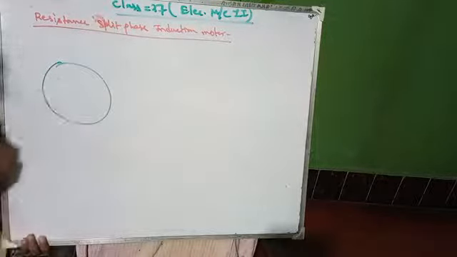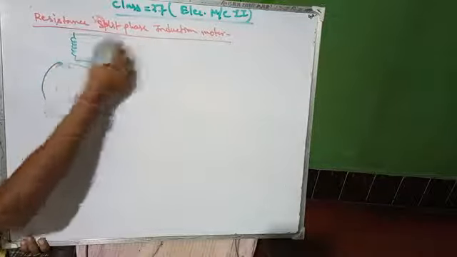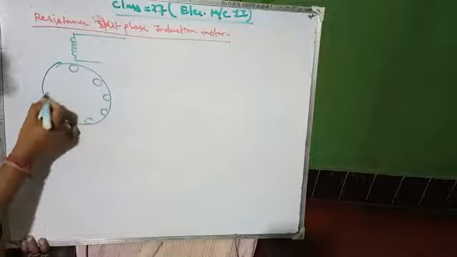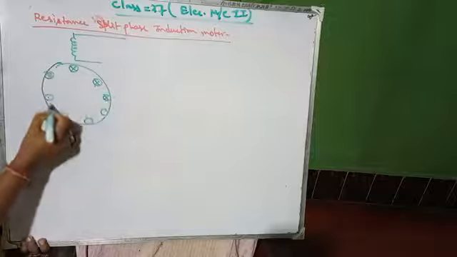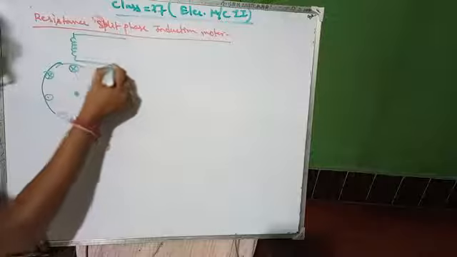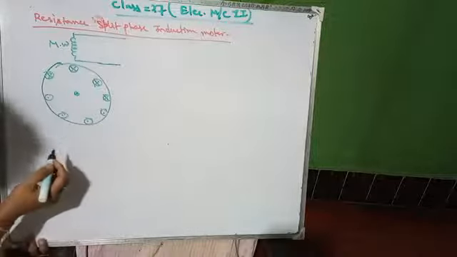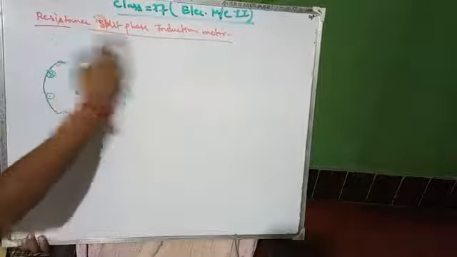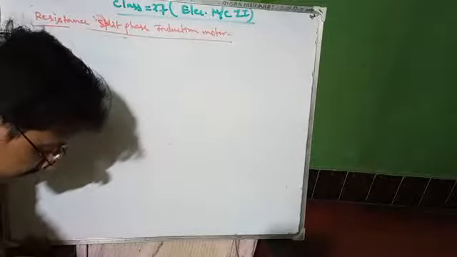Okay, so that means if we consider this the armature or rotor part, and this the main winding, MW, the main winding is always in quadrature with the rotor axis.